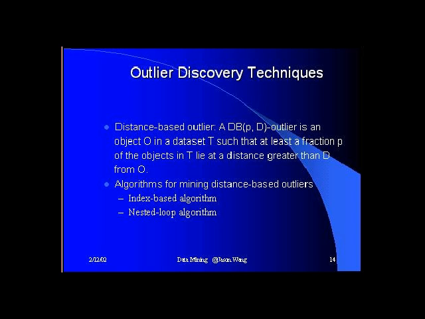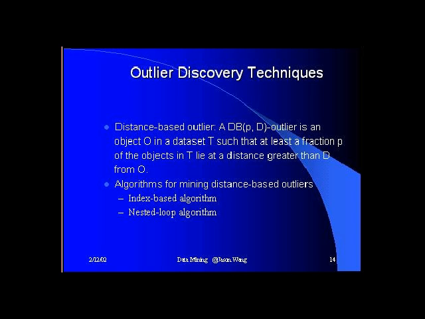You do this for each object, so that's a loop, right? For this object, you look at neighbors, and you check whether it is an outlier or not. And for the next object, again, you check its neighbors. You see how many are within distance 6 of this, where 6 is a parameter value, or how many are within distance 3 of this. If there are a lot of objects within distance 3 of this object, then it is not an outlier because it's so close to so many objects.